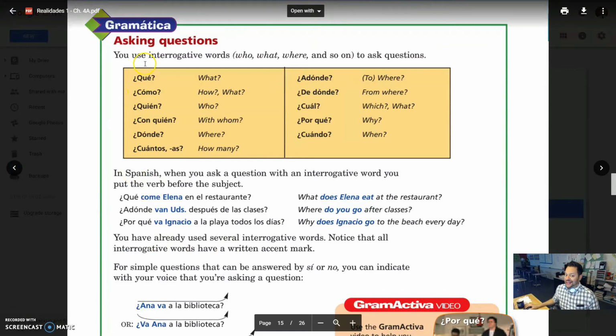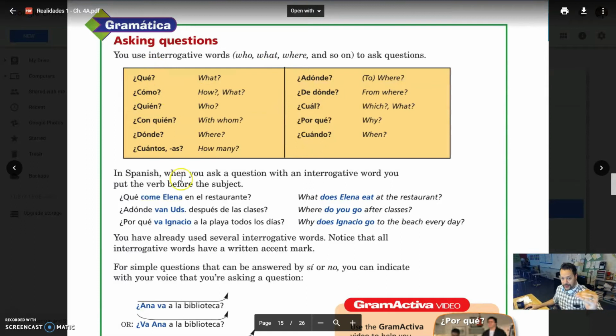So you're going to use interrogative words. By the way, the word interrogative, scary word, big word, but that just means question words, okay? So don't worry. So you use these following interrogative words or question words to ask questions, obviously, all right? So here we go.